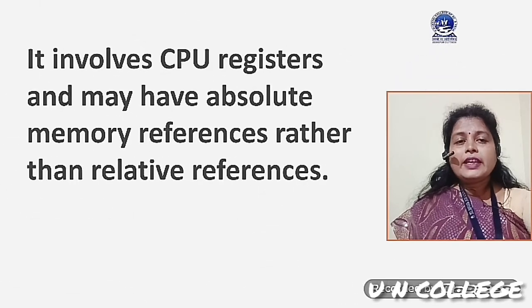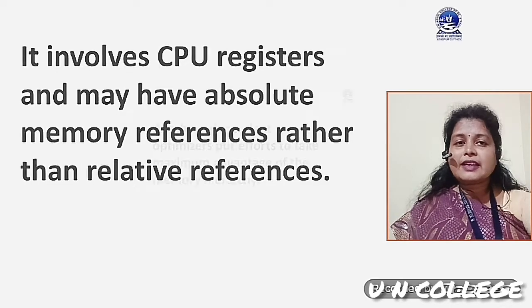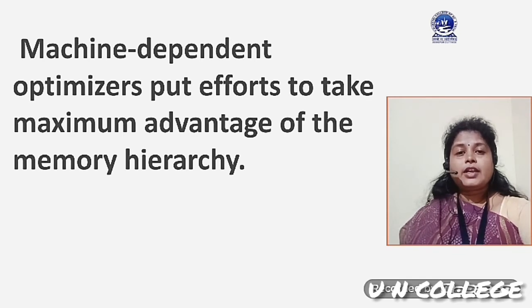It involves CPU registers and may have absolute memory references rather than relative references. Machine dependent optimizers put effort into taking maximum advantage of the memory hierarchy. Obviously, as it is machine dependent and executed after the target code generation, it tries to take maximum advantage of the memory hierarchy.